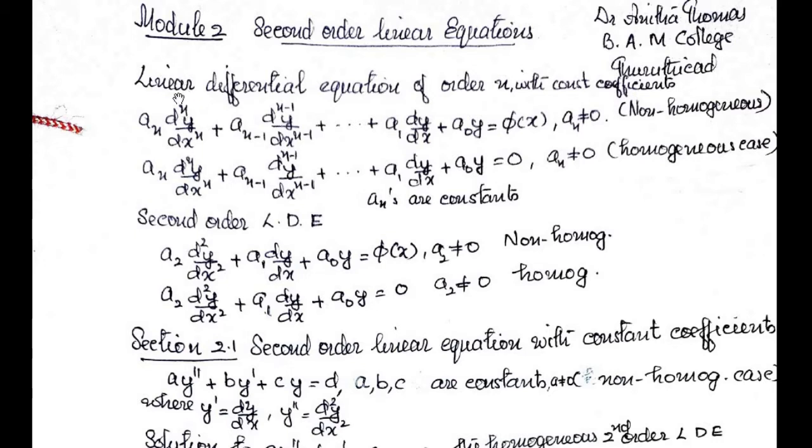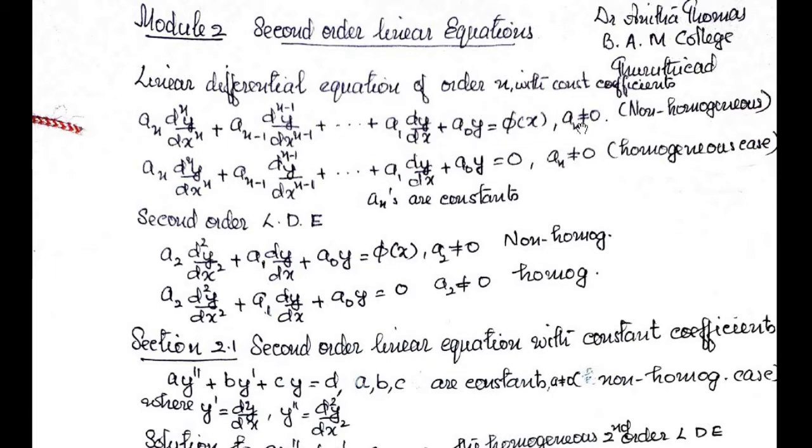First we shall consider second order, nth order linear differential equations. So the structure of an nth order differential equation is an d raised to n y by dx raised to n plus a n minus 1 d raised to n minus 1 y by dx raised to n minus 1 plus extra plus a1 dy by dx plus a naught y equal to phi of x.